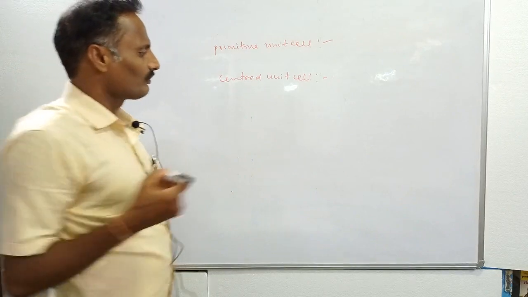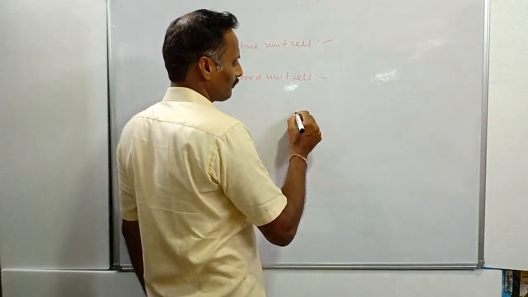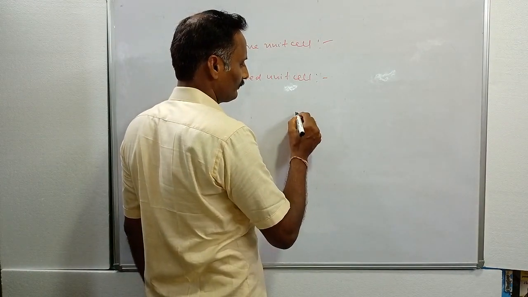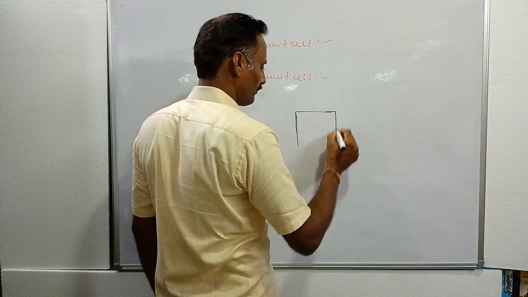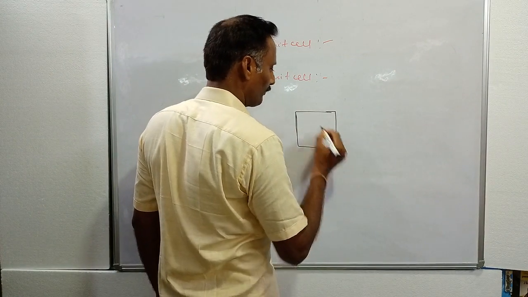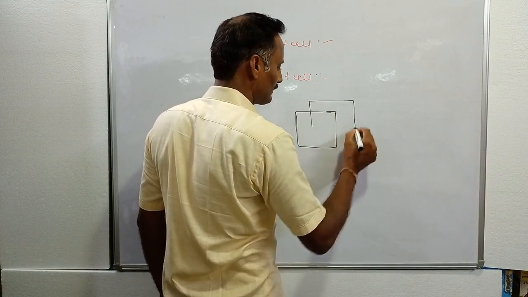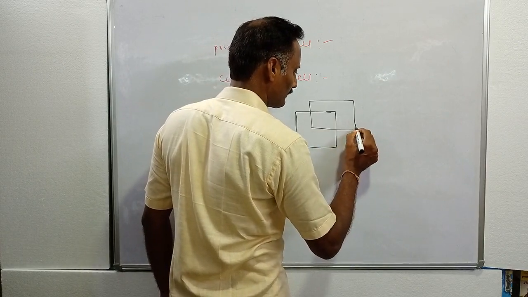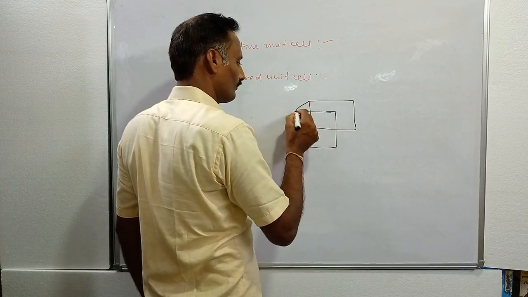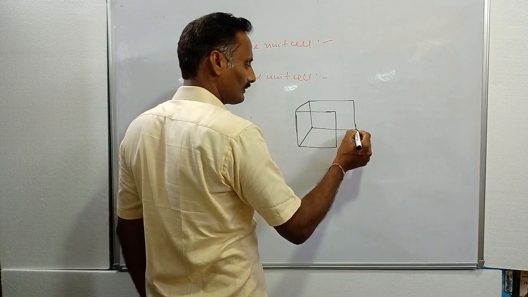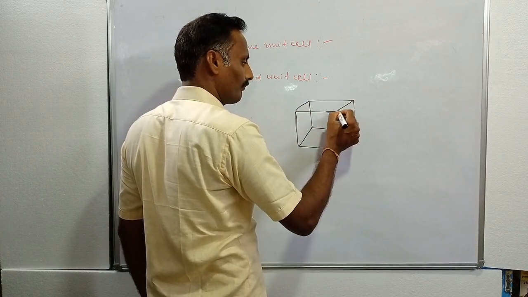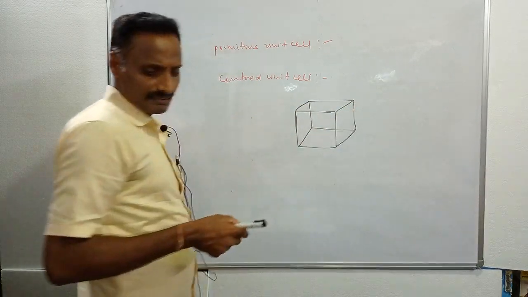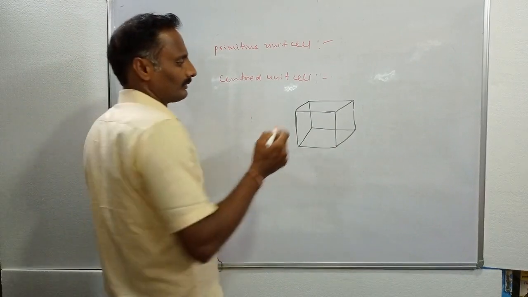A primitive unit cell is one which contains particles only at the corners. For example, this is a primitive unit cell. This unit cell consists of 8 corners.